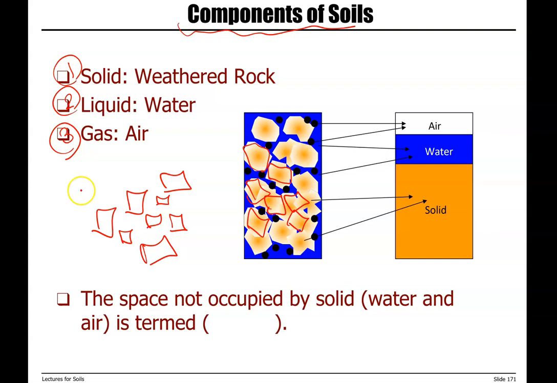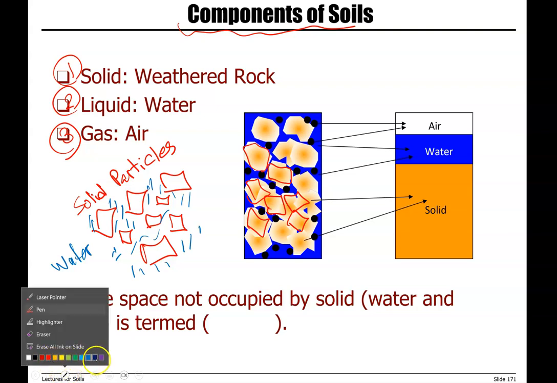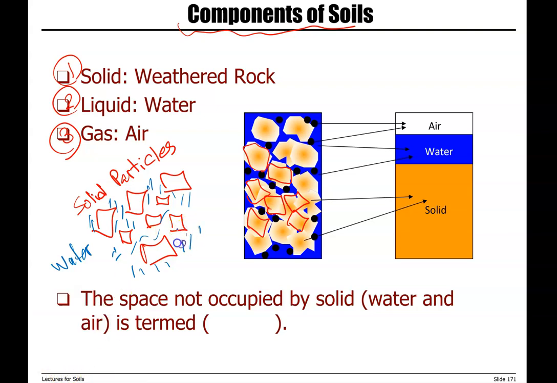It consists of solid particles, which are basically weathered rock particles. Then between the particles we have liquid or water, and also between the solid particles we may have air.